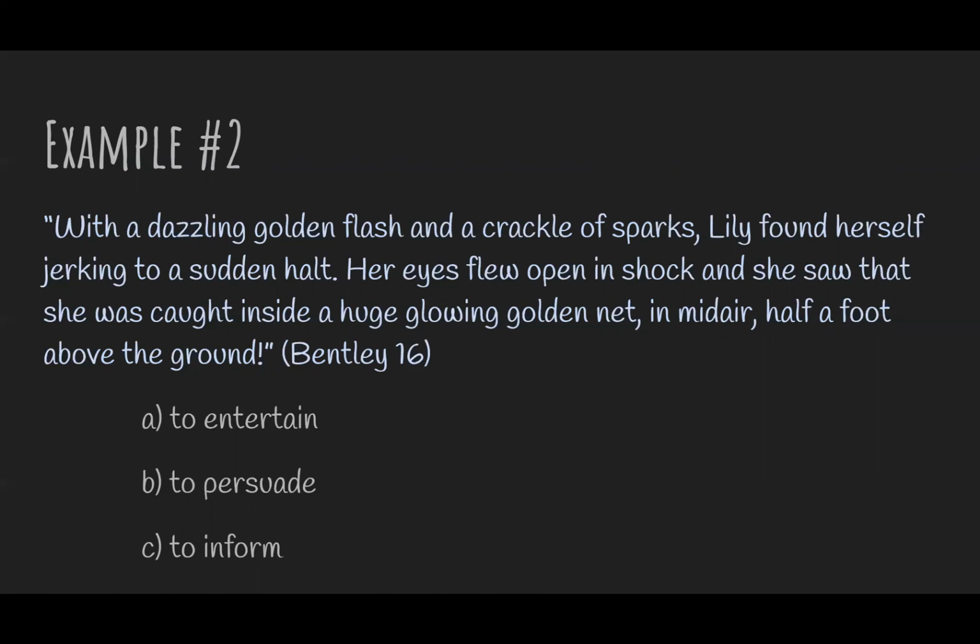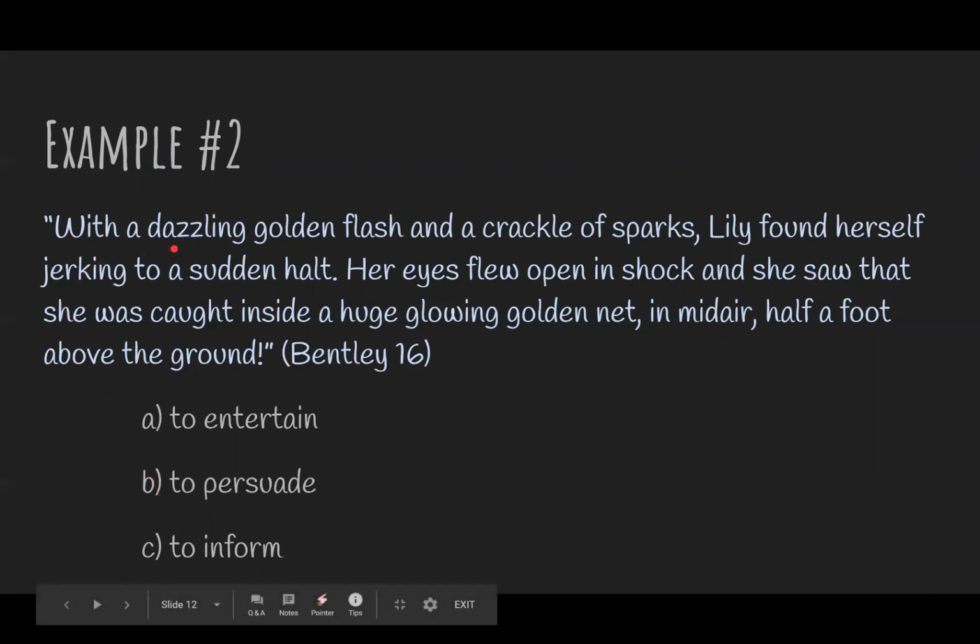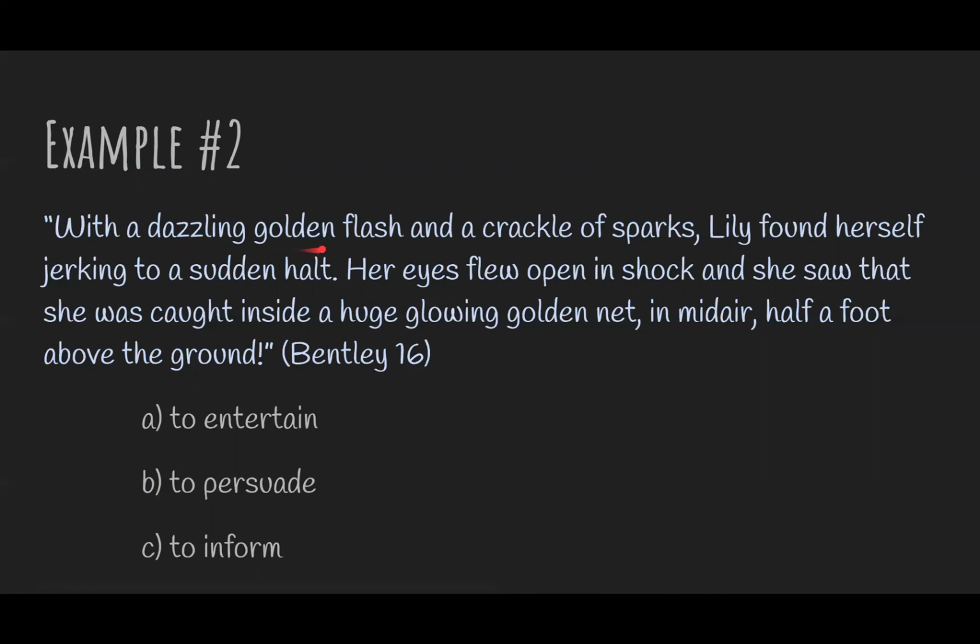Okay, so we have some fictional elements here, right? Because we have dazzling golden flash, crackle of sparks, huge glowing golden net. Okay, so all of these things are, well, they're not things you would find in real life. I don't think you would find crackle of sparks and glowing nets in real life.